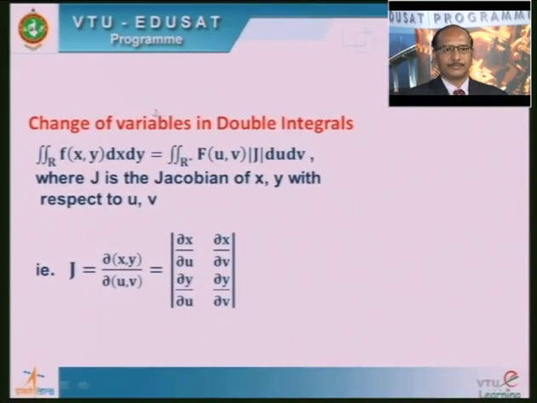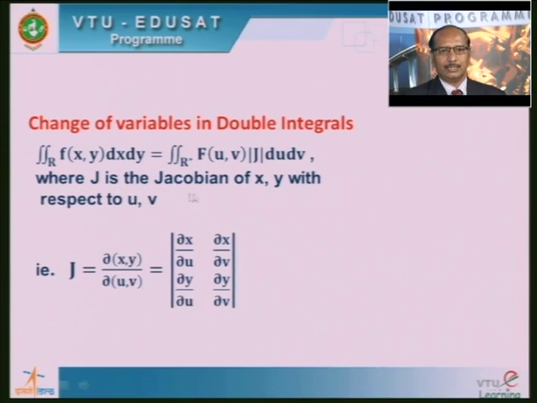The given double integral is the double integral over the region R of f(x, y) dx dy. Now, changing to the new variables, where x and y are functions of u and v, you will get a new function of u and v. Then dx dy, this is important, is replaced by mod of J du dv.